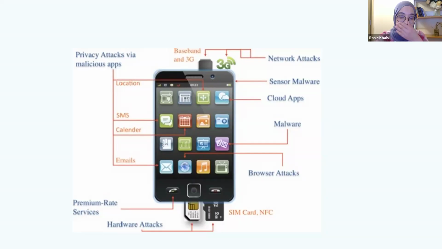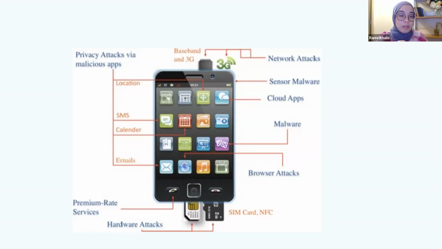So on the network side now, we see network attacks, we see also browser attacks, and we can also see cloud applications, which here introduce external communication paths into the system.